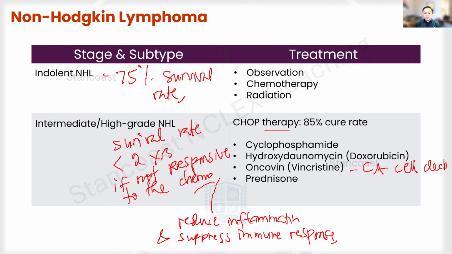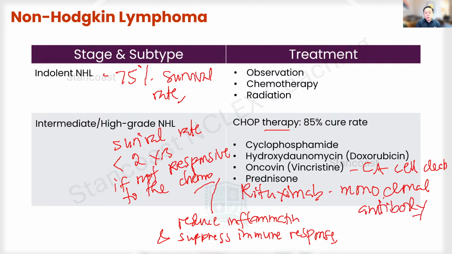Now, the CHOP therapy, basically those 4 medications, will also be combined with other treatments, maybe with the use of monoclonal antibodies. I don't know if you have heard of the rituximab, the R. This is a monoclonal antibody that can be used together with the CHOP.